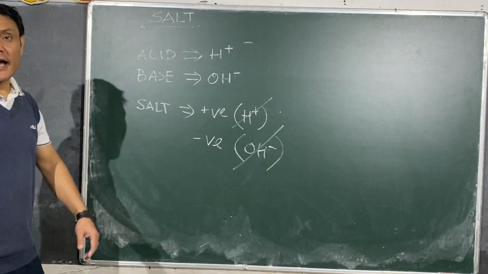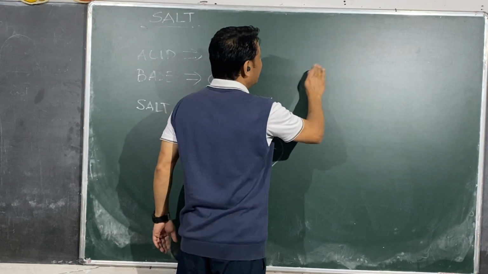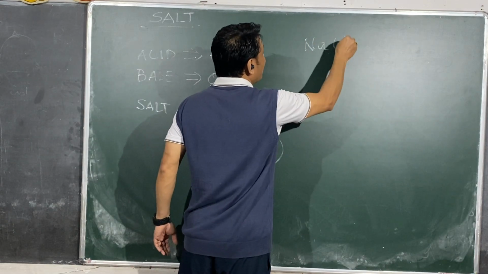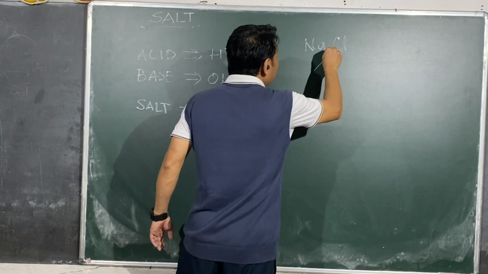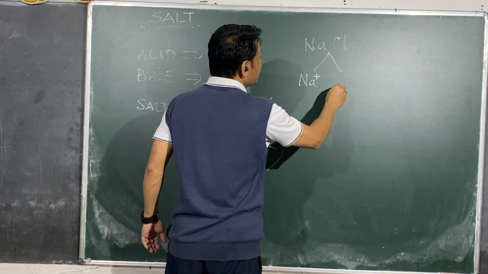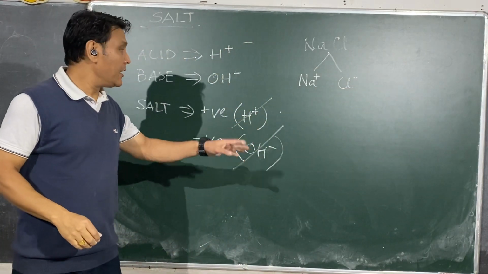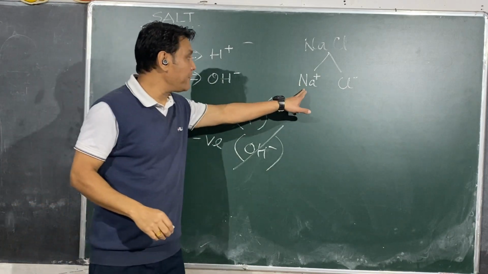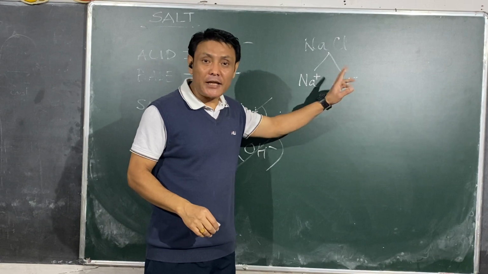It will not produce hydroxyl ion. So that is a salt. For example, sodium chloride, a common salt, we use it in the kitchen. Sodium chloride will dissociate to produce Na+ and Cl-. It will produce a positive and a negative ion, but not hydrogen ion as the positive ion and not hydroxyl ion as the negative ion. So that is a salt.